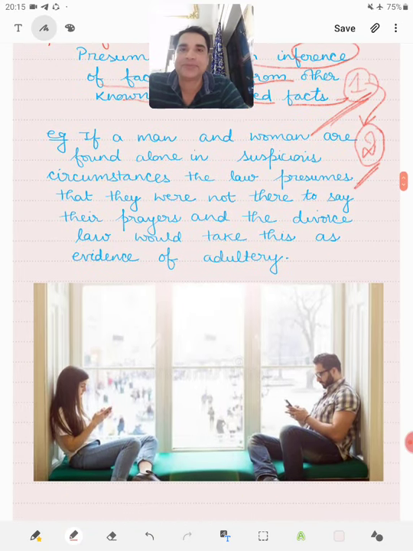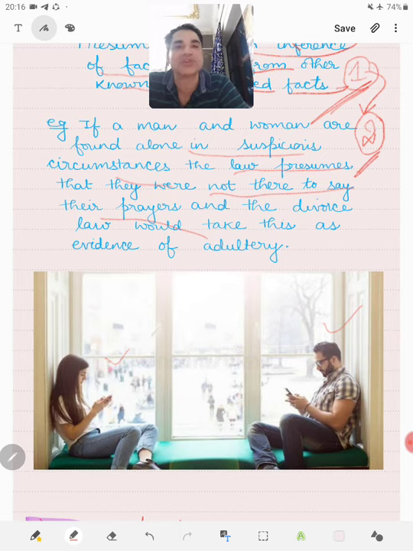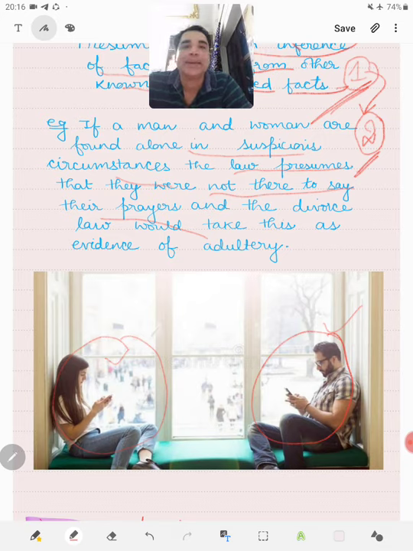An example of presumption is that suppose there is a man and a woman and they are found alone in suspicious circumstances in a room. They are closed in. The law presumes that they are not there to say their prayers, though in the present world they may be engaged in their mobile phones. That apart, the divorce law would take this as evidence of adultery.